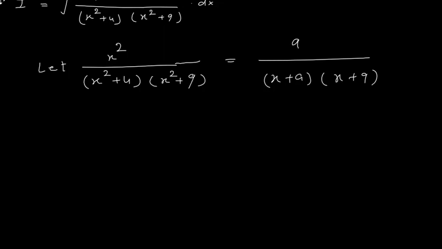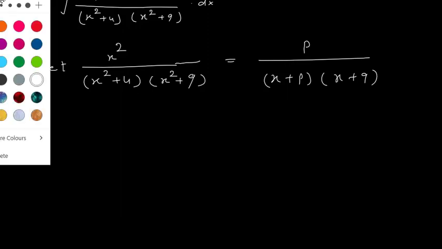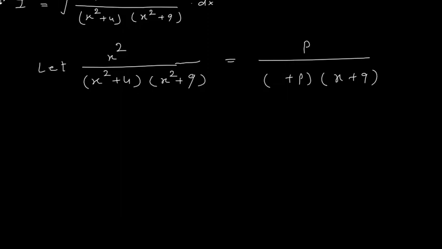So better, in place of a, let us consider some other symbol, say p. So let x square upon x square plus 4 into x square plus 9 be p upon p plus 4 into p plus 9.